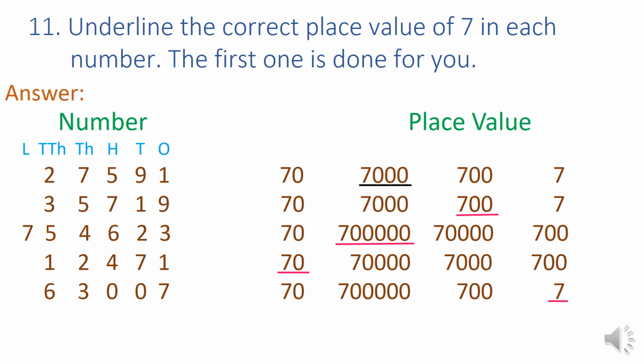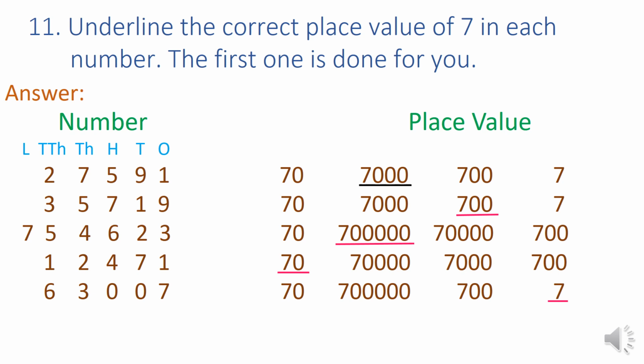Our first number is 27,591. In this number, 7 is in the thousands place. So the place value of 7 is 7,000. This question is done for us.